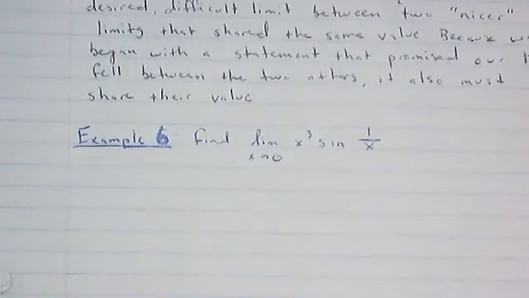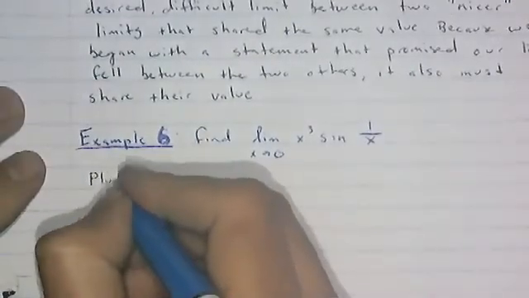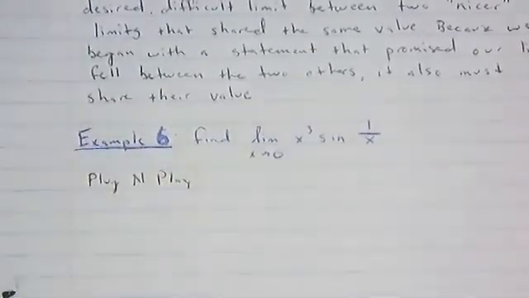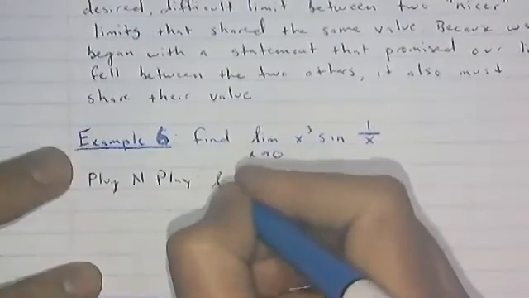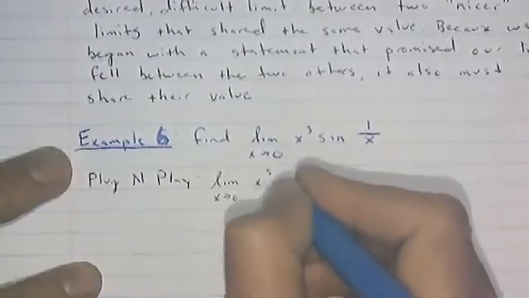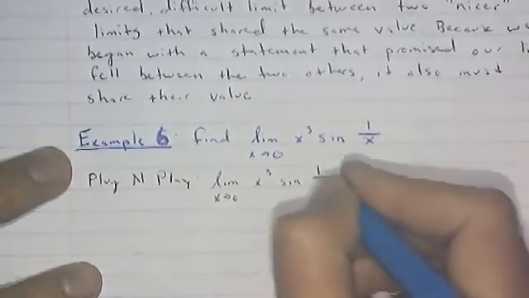Well, new subject. What's our first play with any limit? Plug and play. Let's plug and play. Limit as x approaches 0 of x cubed times the sine of 1 over x.